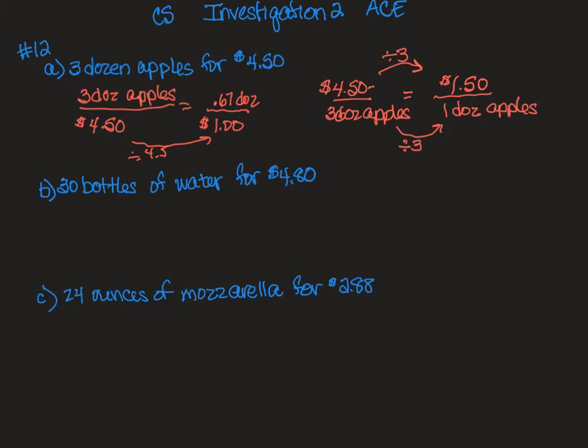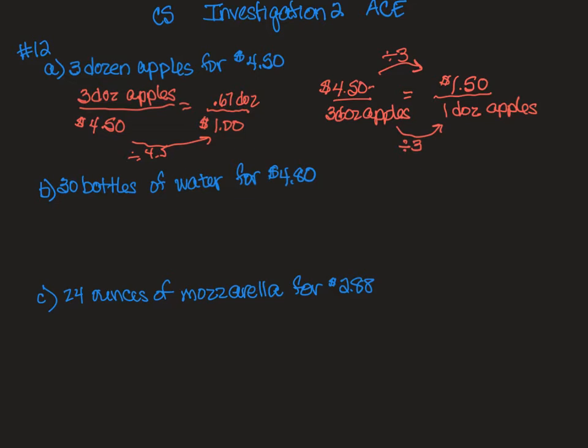So depending on the unit rate I want, do I want to know how many apples I can get for $1? Or do I want to know how much it's going to cost me for 1 dozen apples? Both of them are unit rates. Notice that to find a dozen per dollar, I divided the dozens by the dollar. To find money per dozen, I divided the money by the dozen.